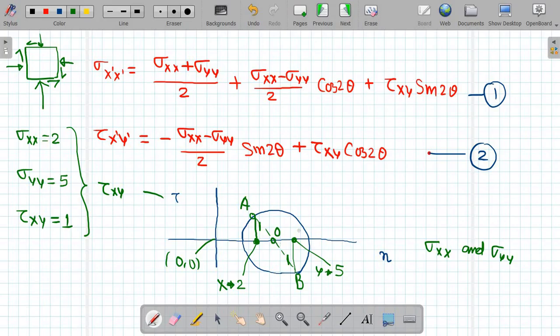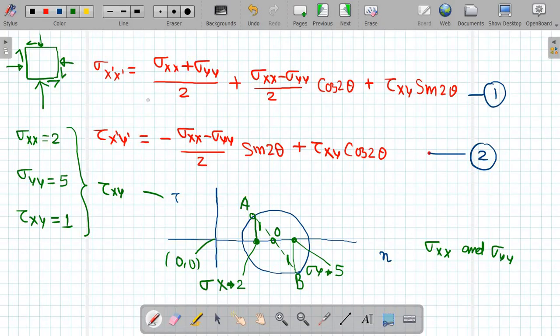Now, you just make a circle. Here you can see that this point is nothing but sigma x, this point is nothing but sigma y, and what will be the center? The center will be sigma x plus sigma y by 2.